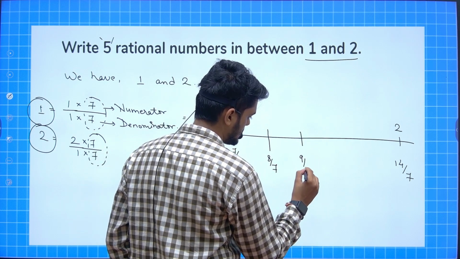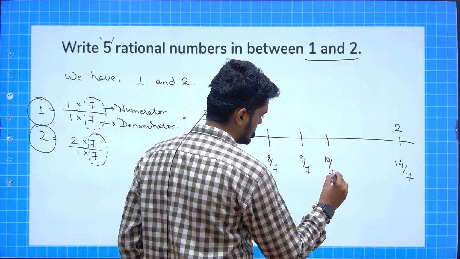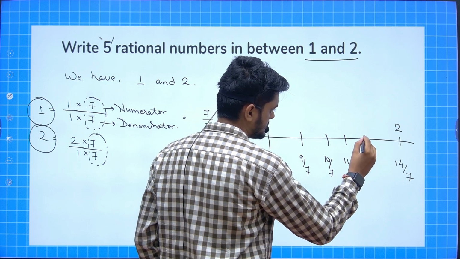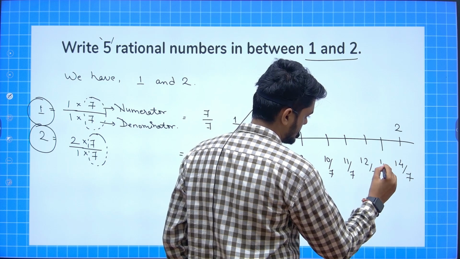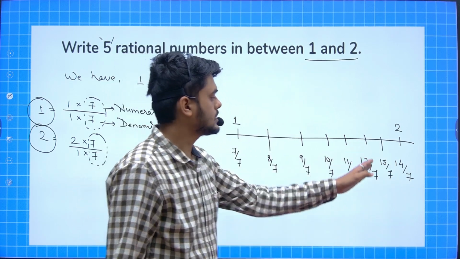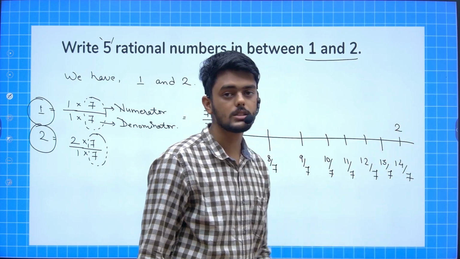This would be 9 by 7. 10 by 7. 11 by 7. 12 by 7. And 13 by 7. After 13 by 7, the 14 by 7 quantity would be originally known as 2.